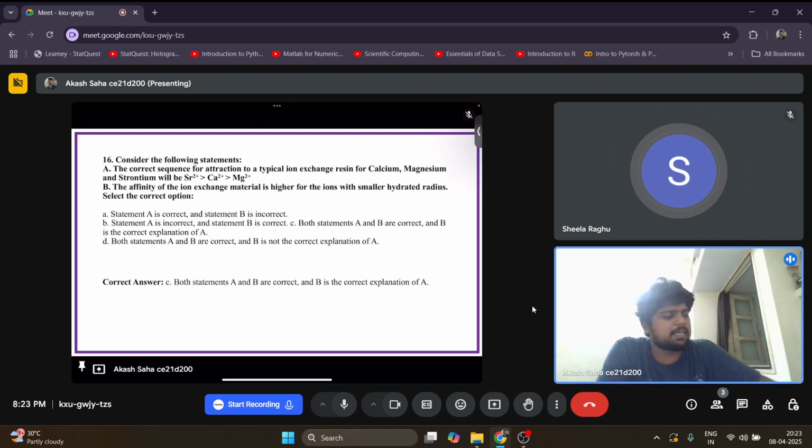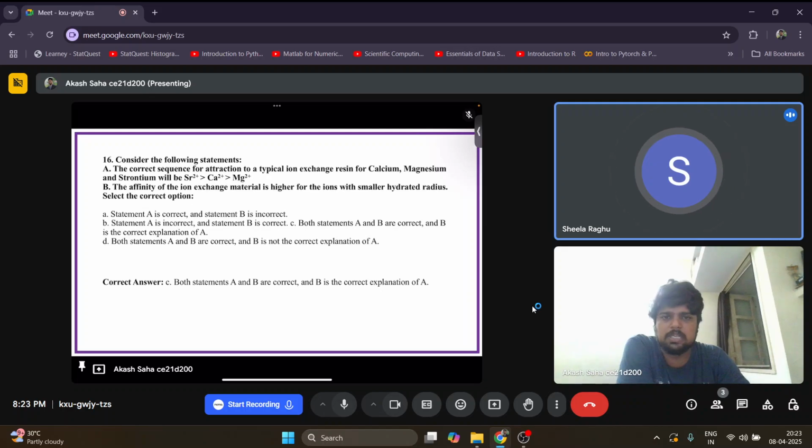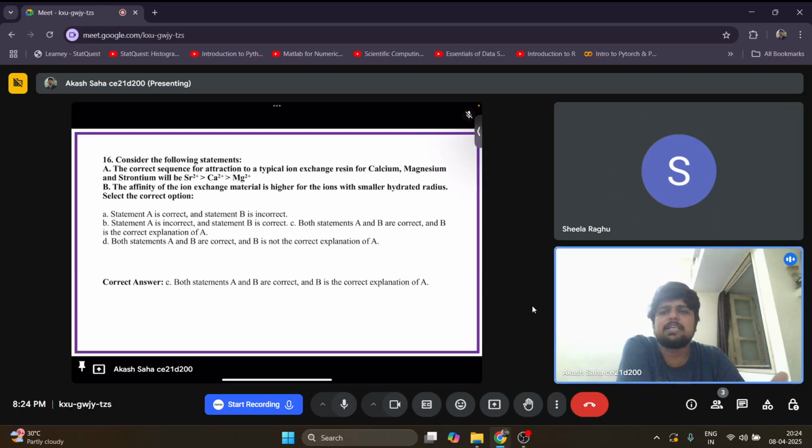Here the correct answer is C, that is, both statements are correct, because strontium has the smallest hydrated radius, followed by calcium, then magnesium. Magnesium has the highest hydrated radius. That's why the affinity is more for strontium than calcium than magnesium.